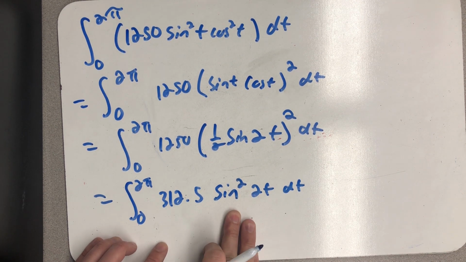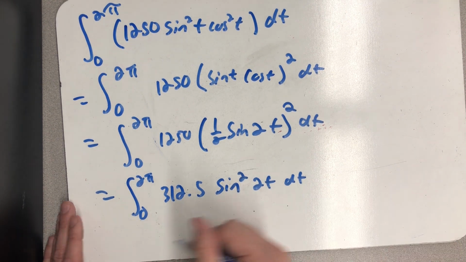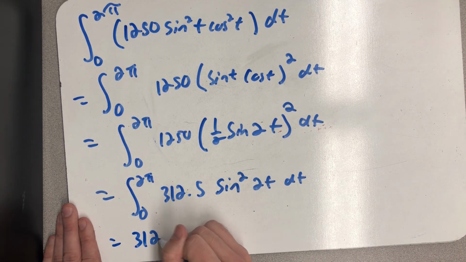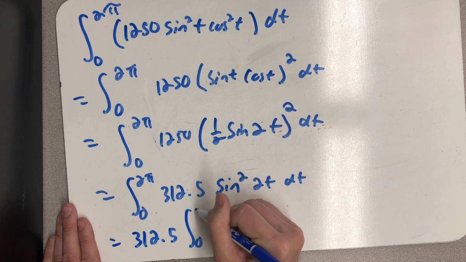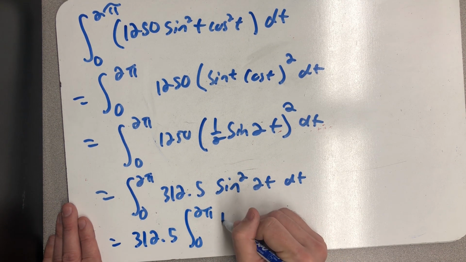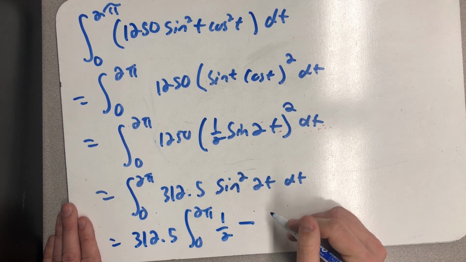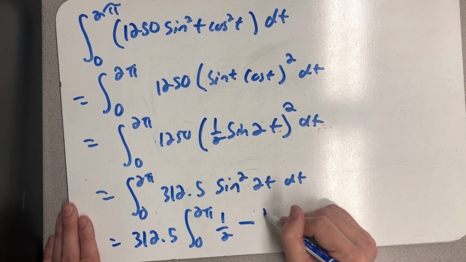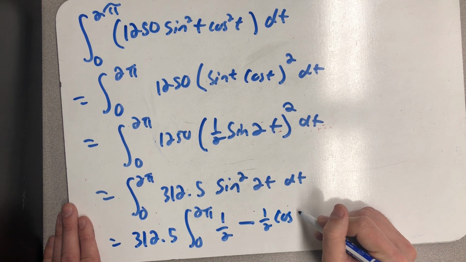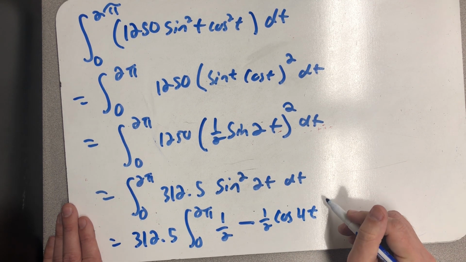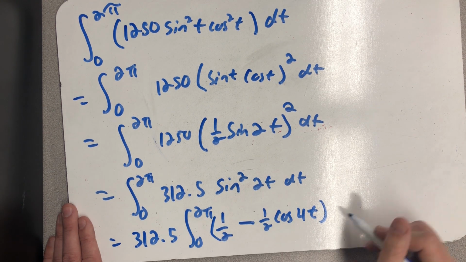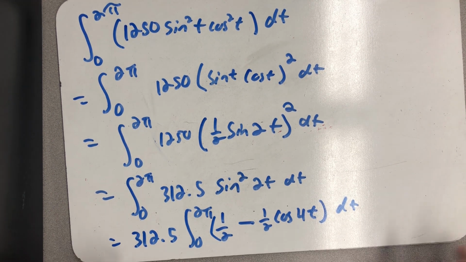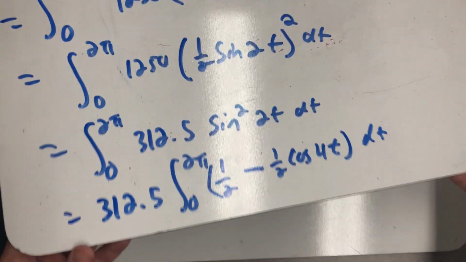All right, and now I can use a power reducing formula. Let's go on and write that 312.5 out front. And there's my power reducing formula for sine, and finally I just need to take an antiderivative.